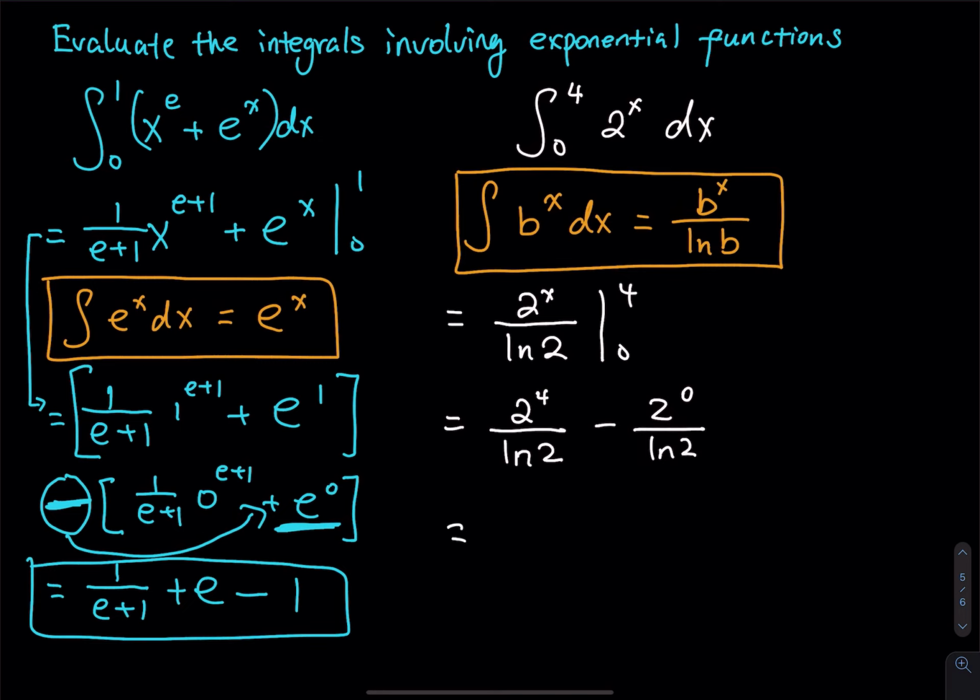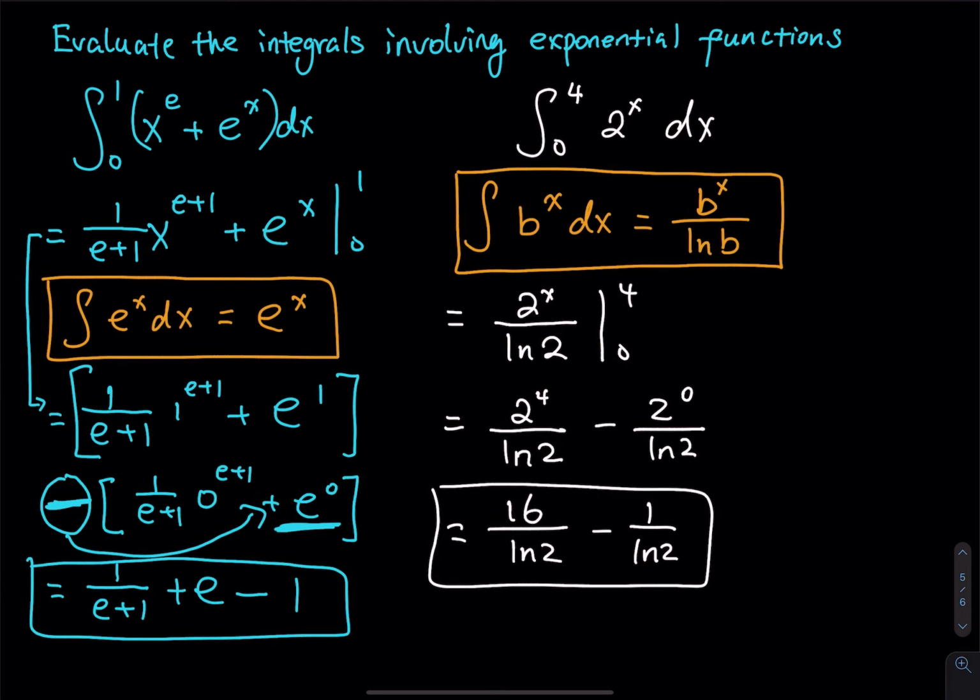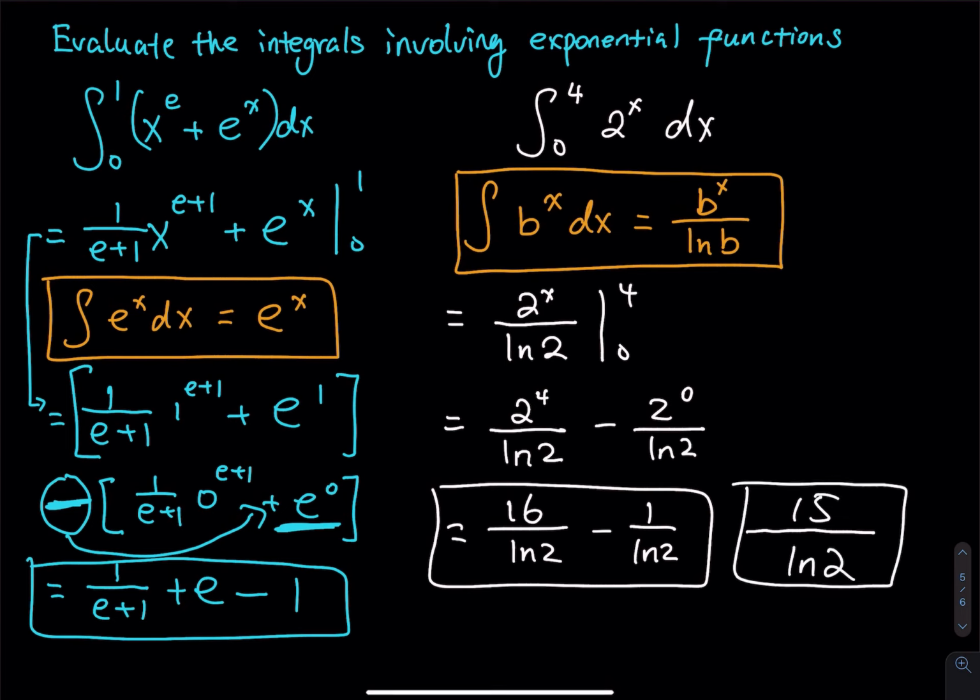So this is 16 divided by ln 2 minus 2 to the 0 power is not 0, right? That is 1 divided by ln 2. So you can take this as the final answer, or you can do 16 minus 1, which is 15. So 15, and then ln 2, because ln 2 is a common denominator. So either one is fine.